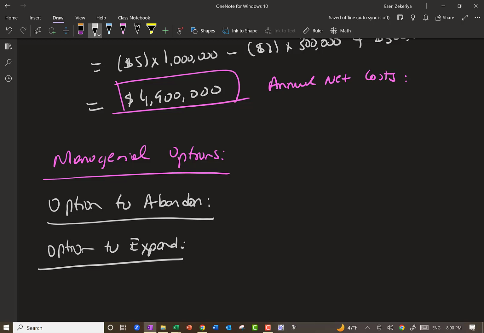You can expand the capacity of the factory by spending a little bit of money and sell even more stuff, right? So those things have value. You also have strategic options. Even though the project by itself is negative net present value, by having this product in place, you may prevent a competitor from gaining strength.